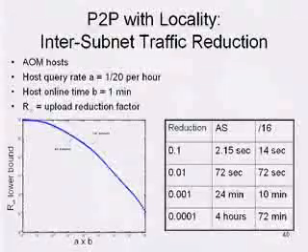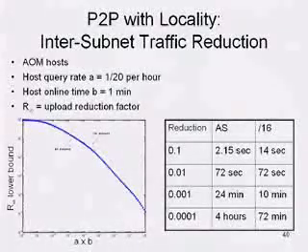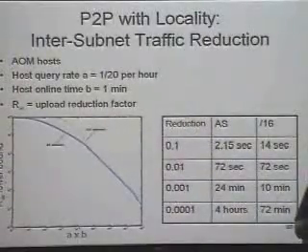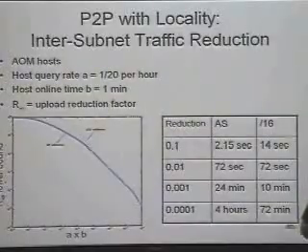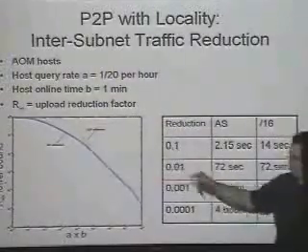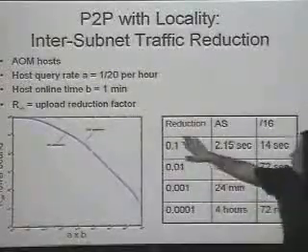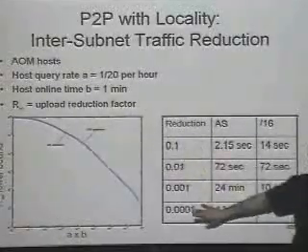And by the analysis, this is essentially the last point to make. By the analysis, you have a grasp, a handle on how you need to design your system so that you reduce the uploads to remote subnets from a local subnet to a target threshold.